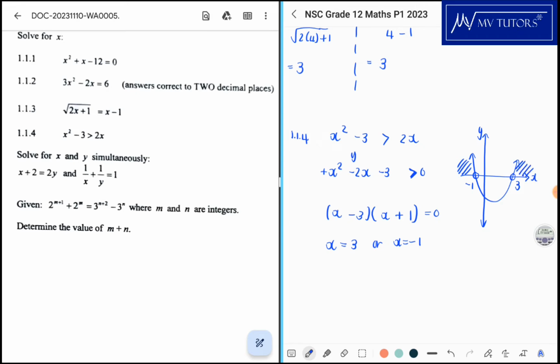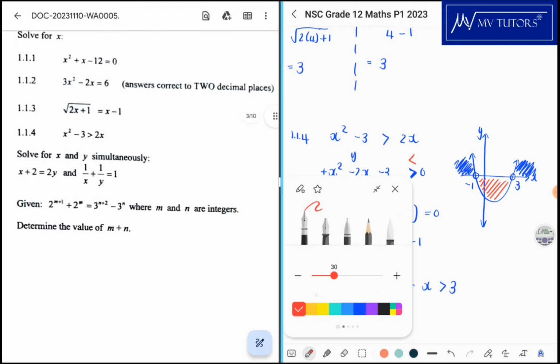When we write it out in full, x is smaller than negative 1 or x is bigger than 3. If we had a different scenario where it was smaller than, then we'd look inside, but we're not dealing with that.